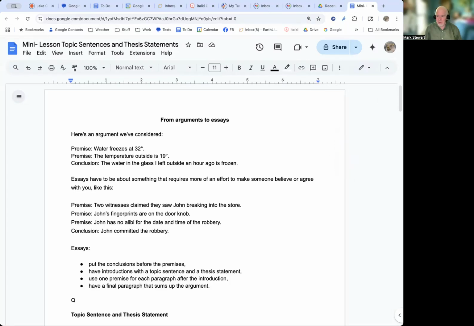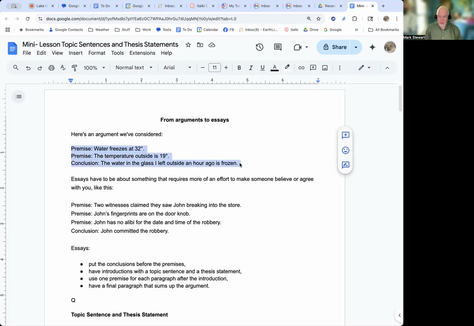So, let's consider the kinds of arguments that we've looked at. We had deductive and inductive arguments. Let me share a document with you. Here we go. All right, that made me a lot smaller, but that's okay. So here is a deductive argument.